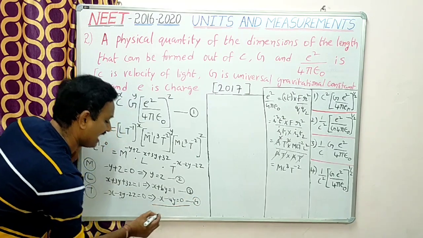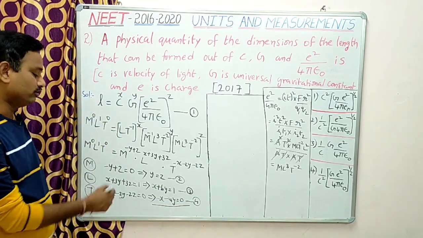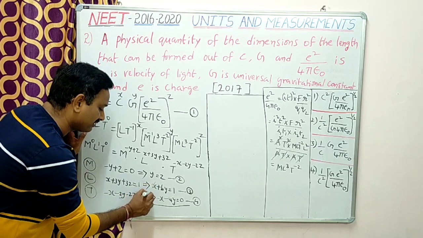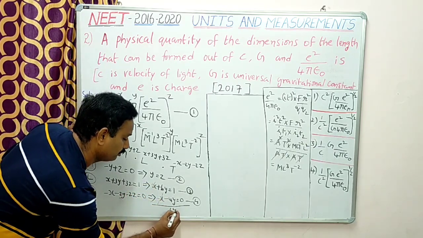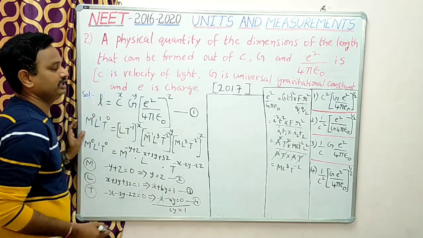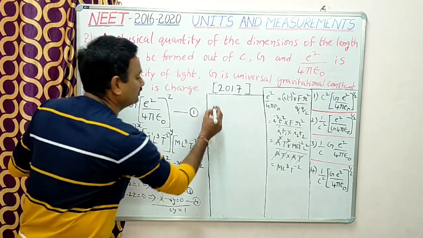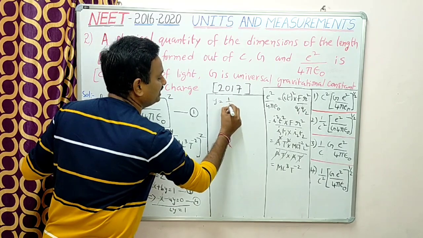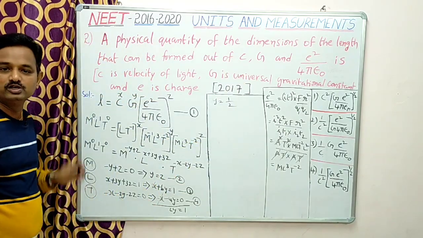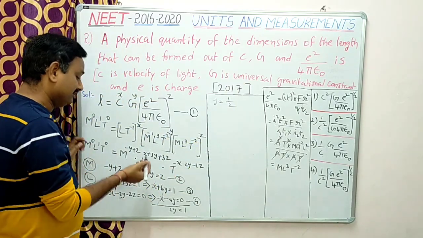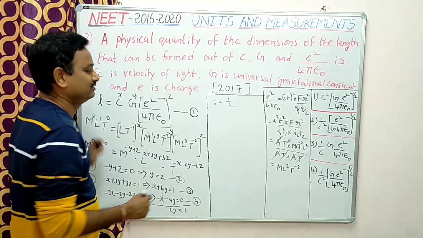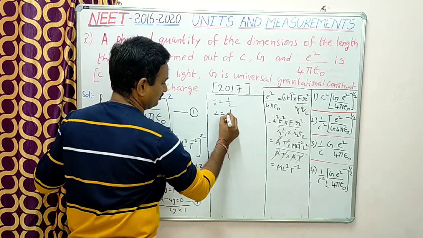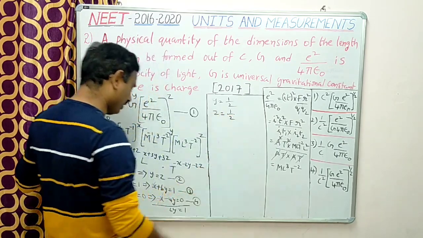Now I will add 3 plus 4. If I do 3 plus 4, plus x minus x cancel, so 6y minus 4y means 2y, 2y equal to 1. So 2y equal to 1 means y equal to 1 by 2. If y equal to 1 by 2, z also 1 by 2 from equation 2, because y equal to z. And what about x?